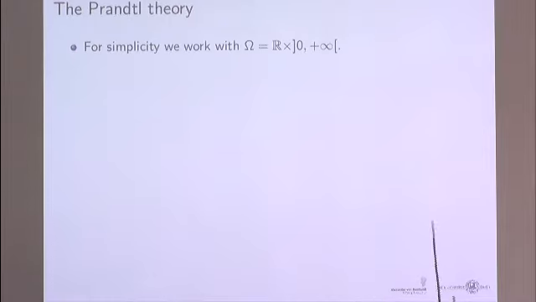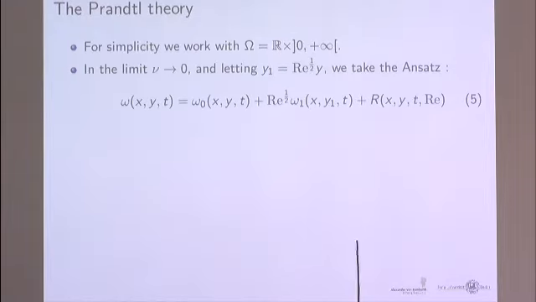So to find the scaling when nu goes to 0, the most natural approach is to do a boundary layer theory. And this was first proposed in 1904 by Prandtl. You can limit to a very simple domain, so a half plane.